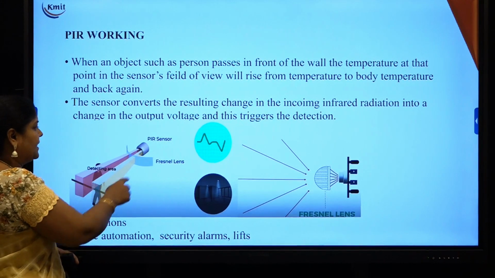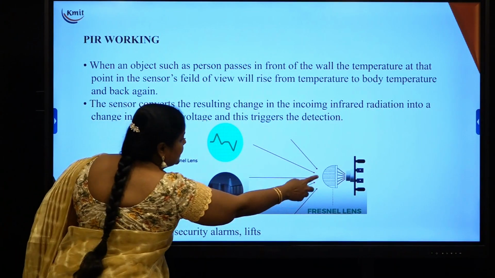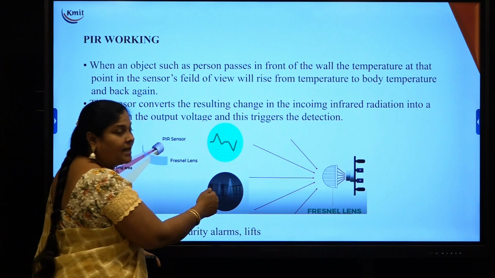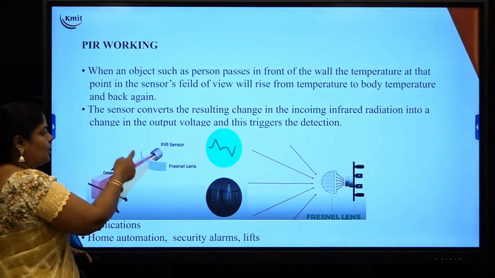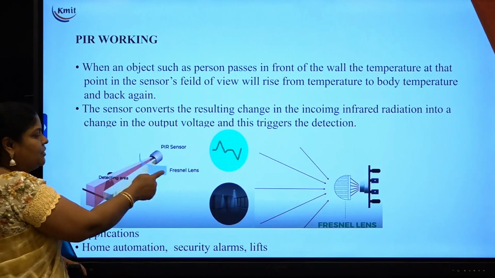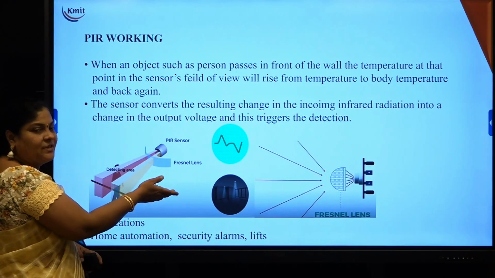If you see this diagram, this is the PIR sensor, where you have different lenses. These lenses detect the infrared radiation from the object. In the range of the PIR sensor, some sensors have 180 degrees, some have 360 degrees.